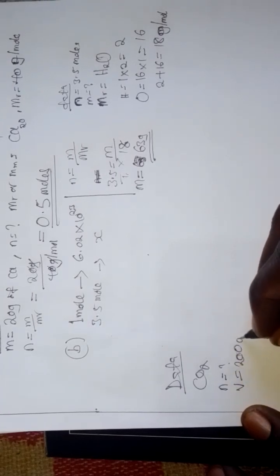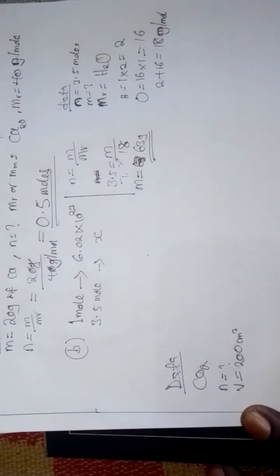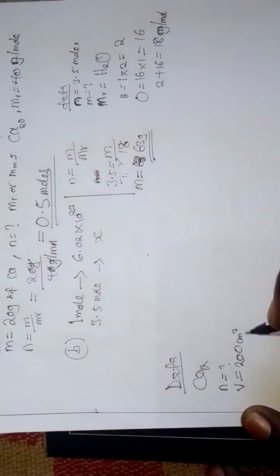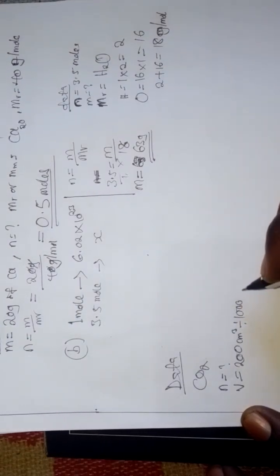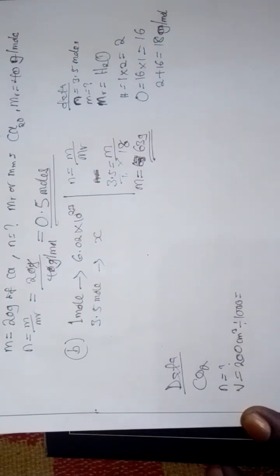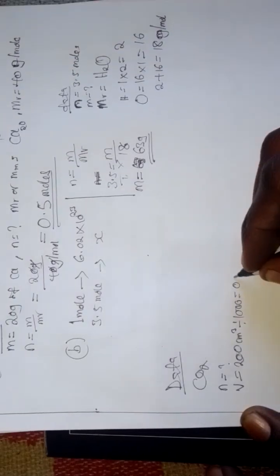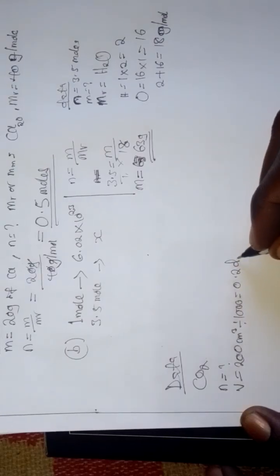Remember, under mole concept you always need to convert this volume into decimeter cubed. How can we convert? We divide it by 1000. So our answer will be 0.2 decimeter cubed. That's our volume.